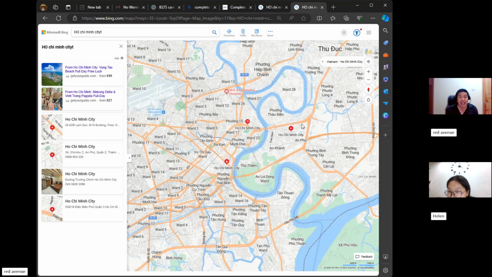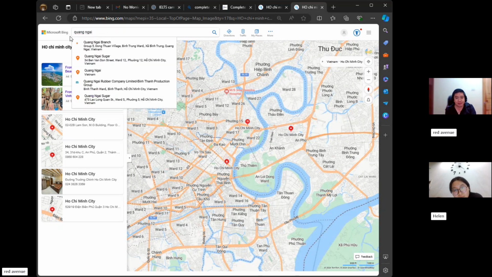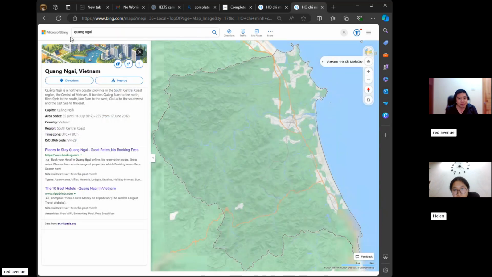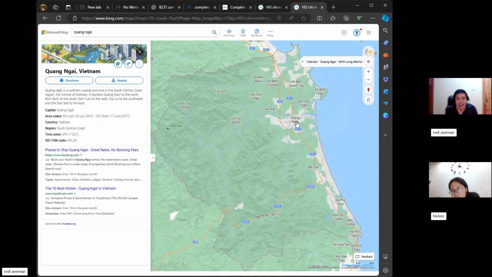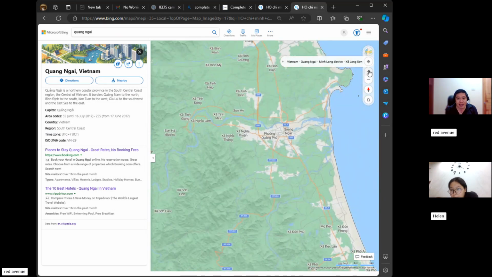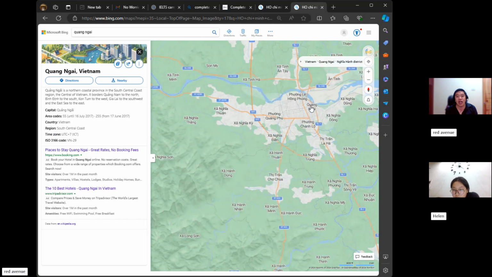Just outside Ho Chi Minh, that is considered suburb. Now this is your city, Quang Ngai, right? What is the town outside Quang Ngai? Not city, town. Is this a city? No, it's a town.